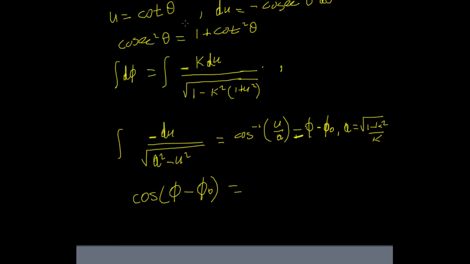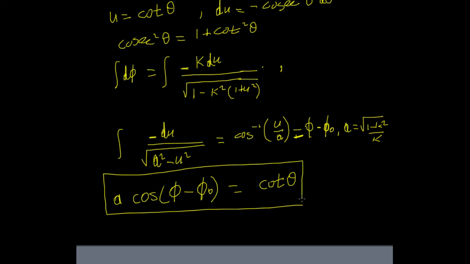Now u is cot theta, and so it would be cot theta upon a, so we can take the a up here, and that there is the equation of a plane in spherical coordinates, okay.